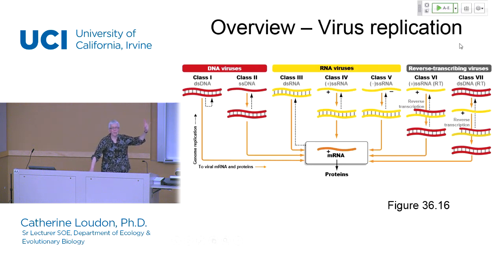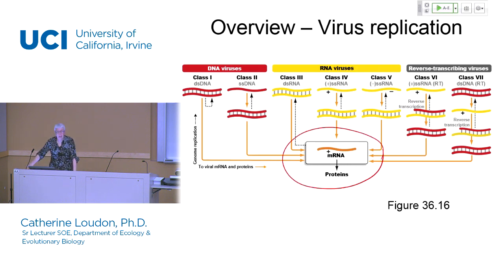One of the things that makes it easier to navigate around this diagram is to recognize that red in this particular diagram stands for DNA and yellow for RNA. That makes it a little bit easier to walk through this. And down at the center bottom of this diagram, the scientific illustrator has chosen to put the messenger RNA making proteins as one of the items that is common to all of these different viral types.